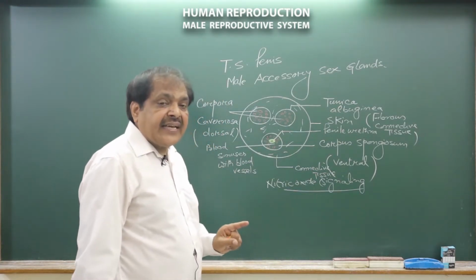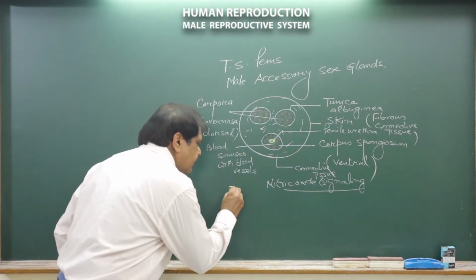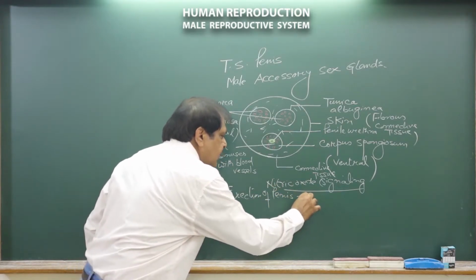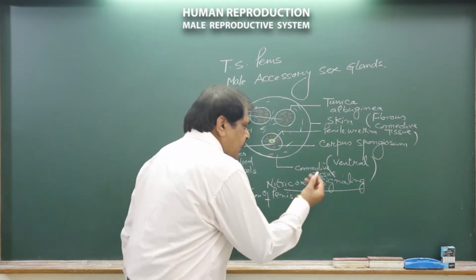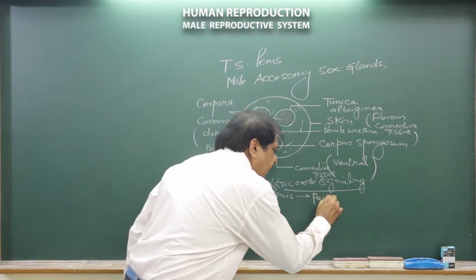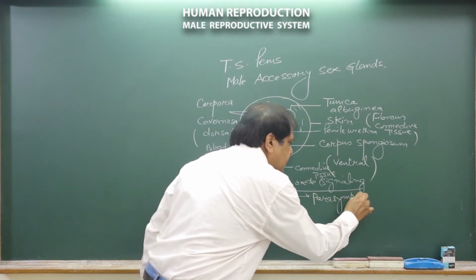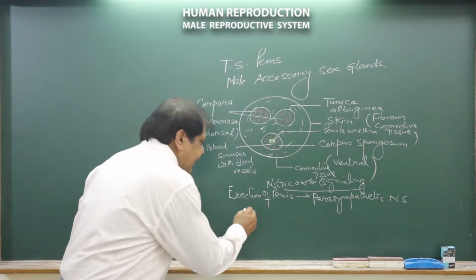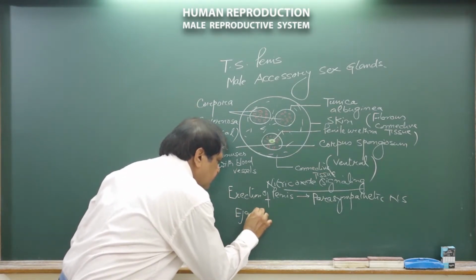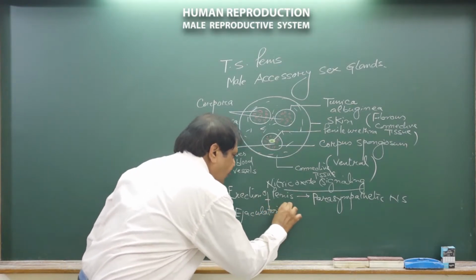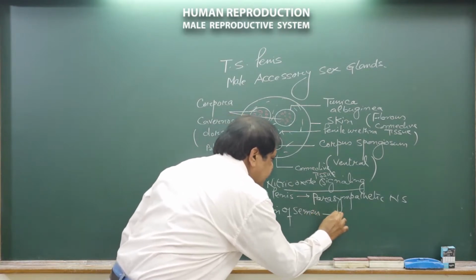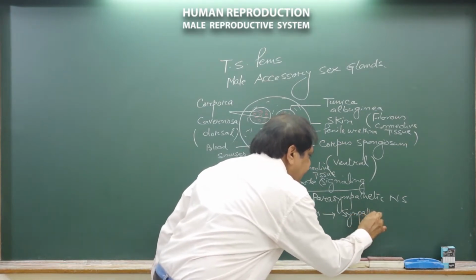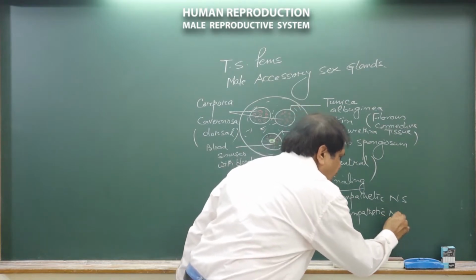I told you in the previous lecture that erection of penis is under the control of the parasympathetic nervous system, and ejaculation of semen from the penis is under the control of the sympathetic autonomous nervous system.